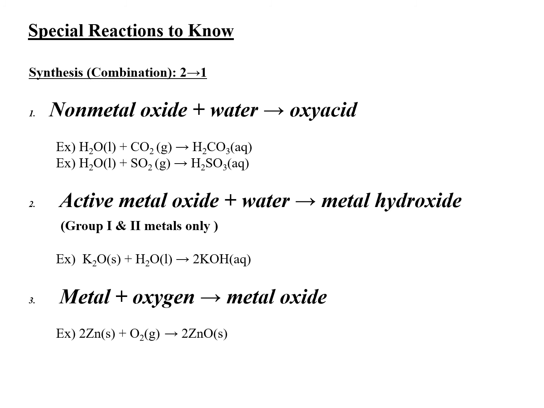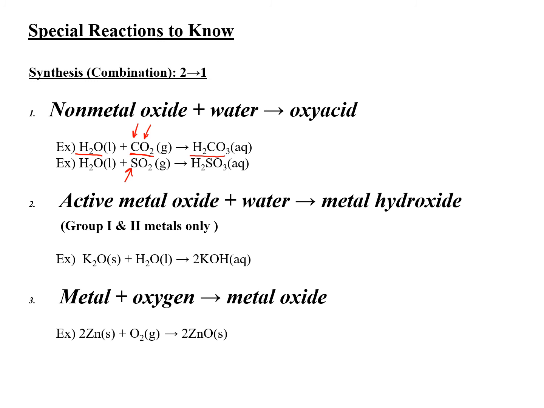The first type is a nonmetal oxide with water. This always produces an acid. So, look, carbon dioxide. You have a nonmetal oxide reacted with water. It produces H2CO3. That's carbonic acid. Let's look at another one.